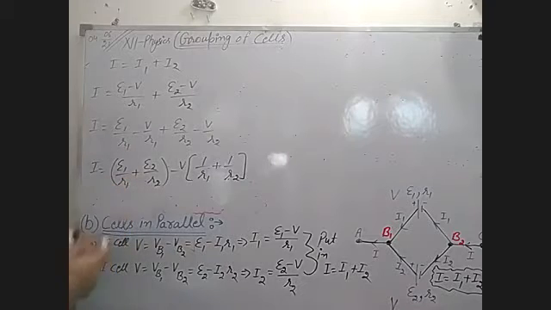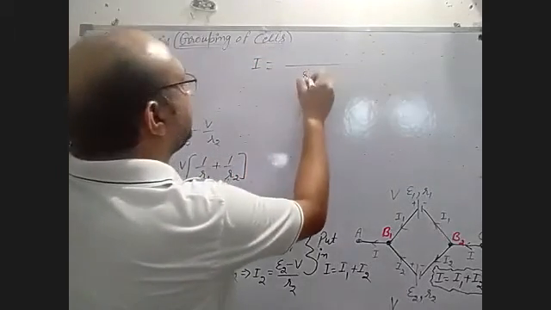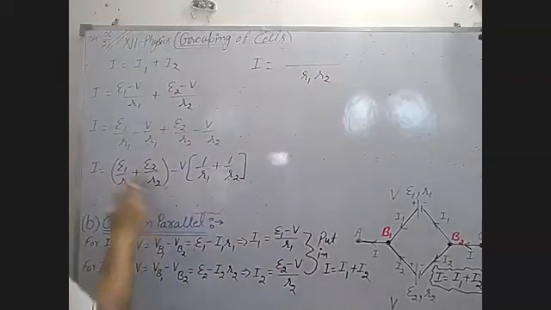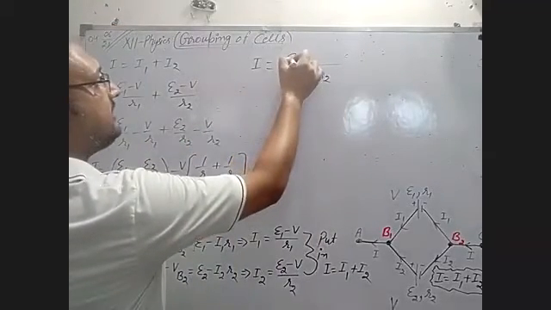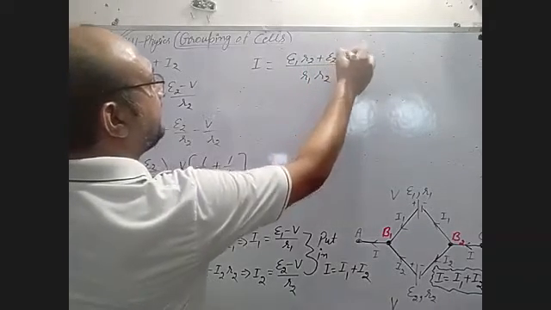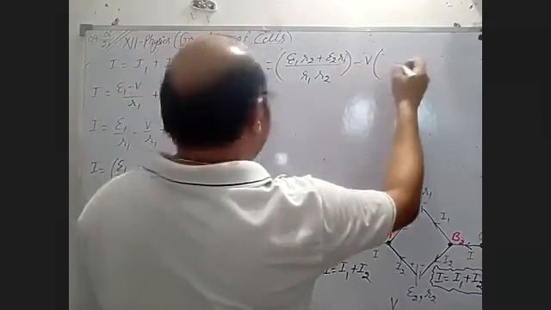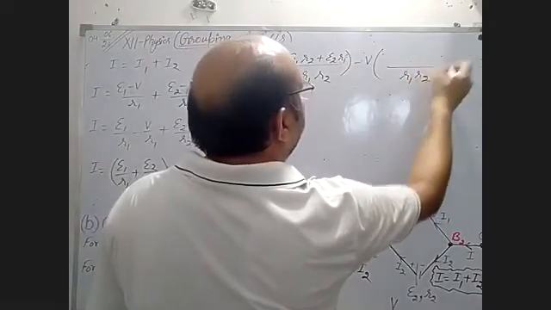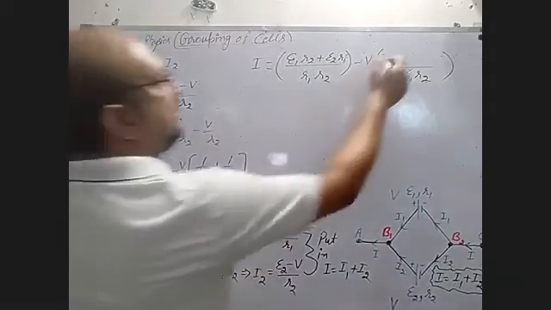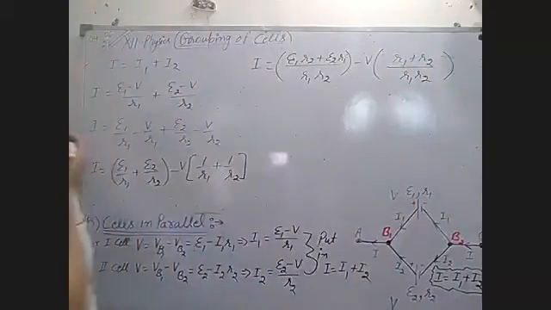Now take LCM and solve it again. I is equal to, with R1 R2 LCM, E1 R2 plus E2 R1 in bracket, minus V. Now take LCM R1 R2 again in the above, R1 plus R2 or R2 plus R1 you can write.